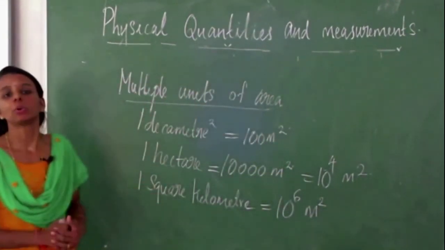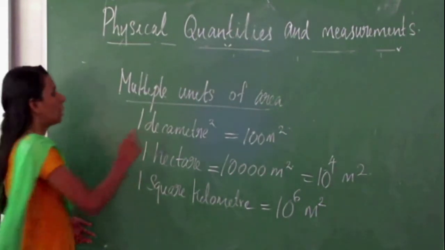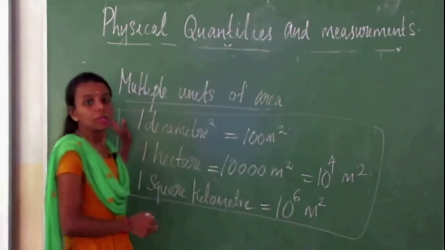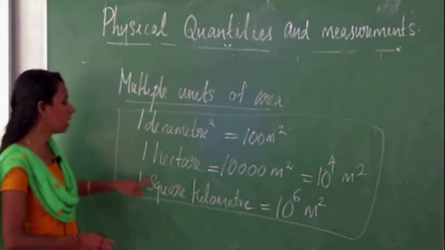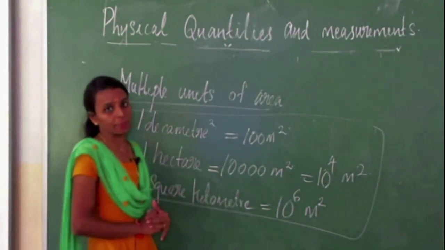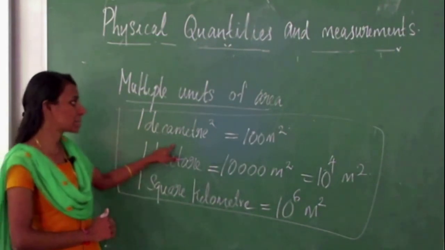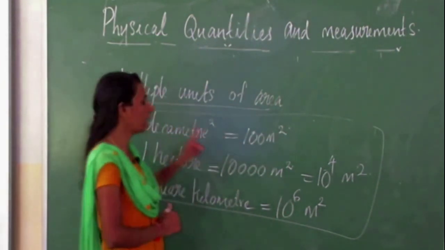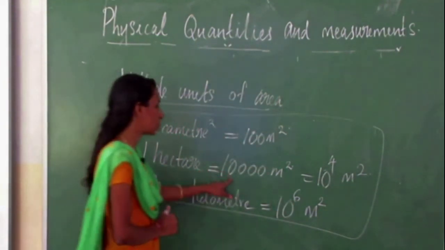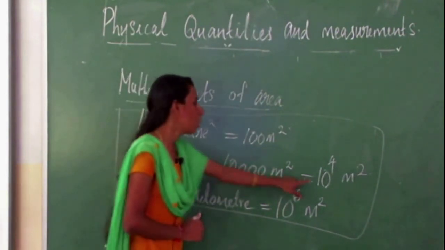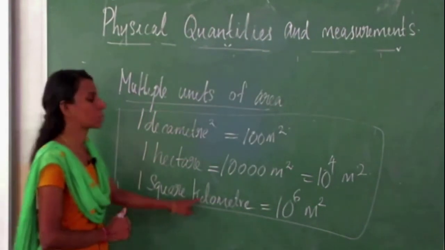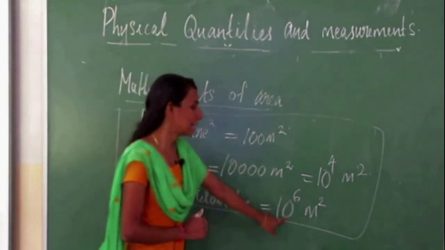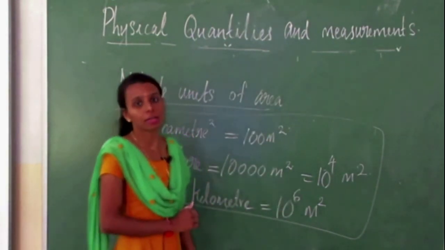These are the multiple units of area. You have to study only this. So multiple units of area: decameter square, hectare and square kilometer. 1 decameter square is equal to 100 meter square. 1 hectare is equal to 10,000 meter square or 10 raised to 4 meter square. 1 square kilometer is equal to 10 raised to 6 meter square.